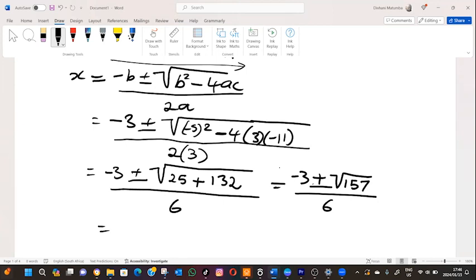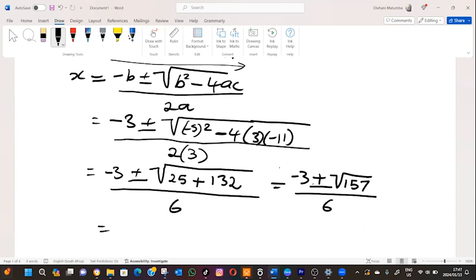Now, 5 plus the square root of 157. Now, the square root of 157 will be, let's see, it will be 12.53.